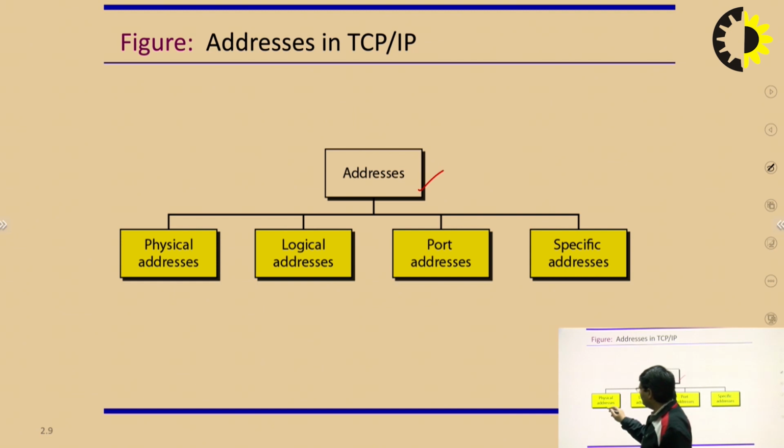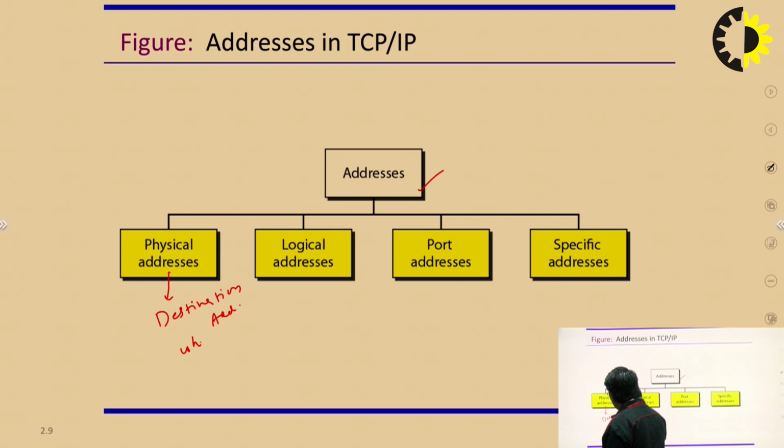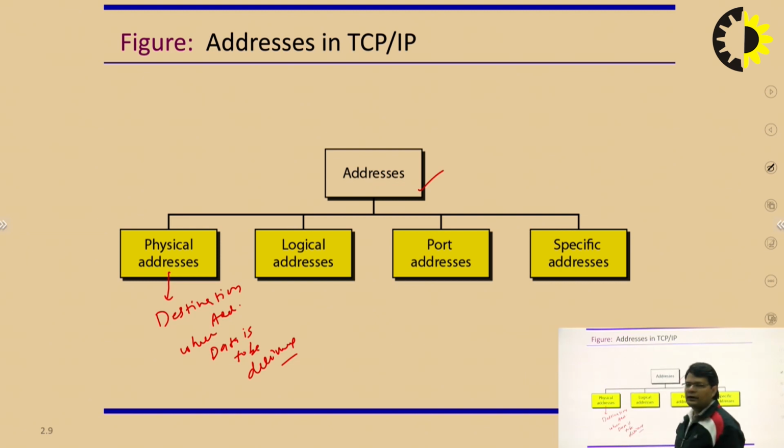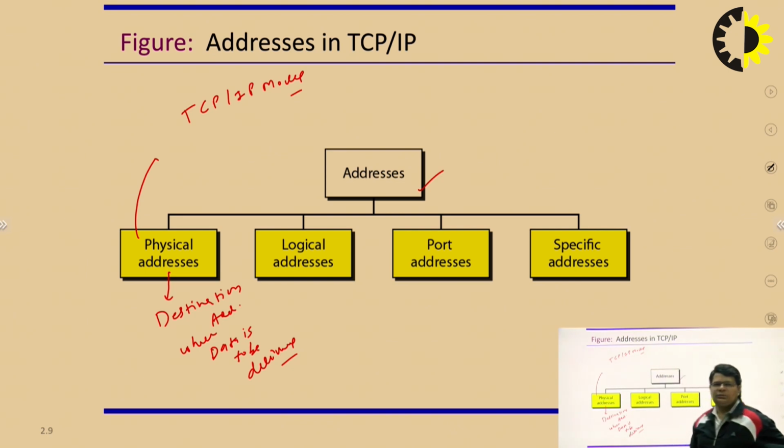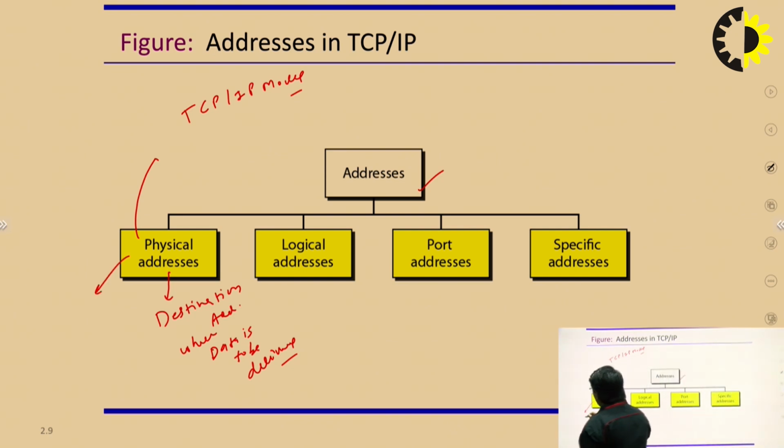As discussed, when we are using the internet with the TCP/IP model, 4 types of addresses are required. The first type is the physical address. Physical address is the destination address where data is to be delivered. This physical address is used at the physical layer and data link layer level.